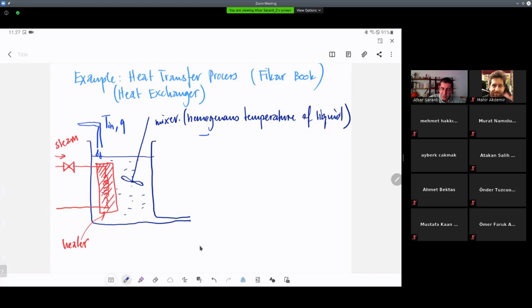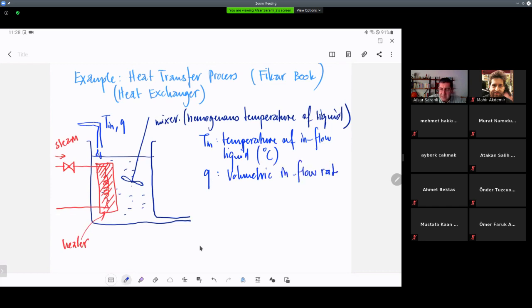Okay, so let's try to write down our variables. So this is the temperature of inflow liquid, T in, in degrees C. We have volumetric inflow rate, in meter cube per second.